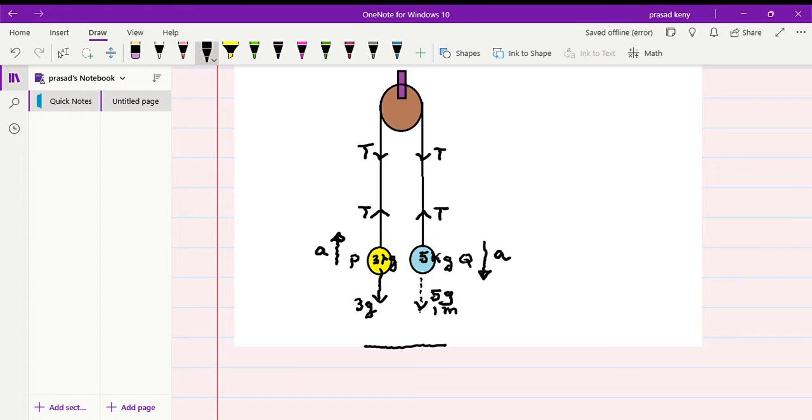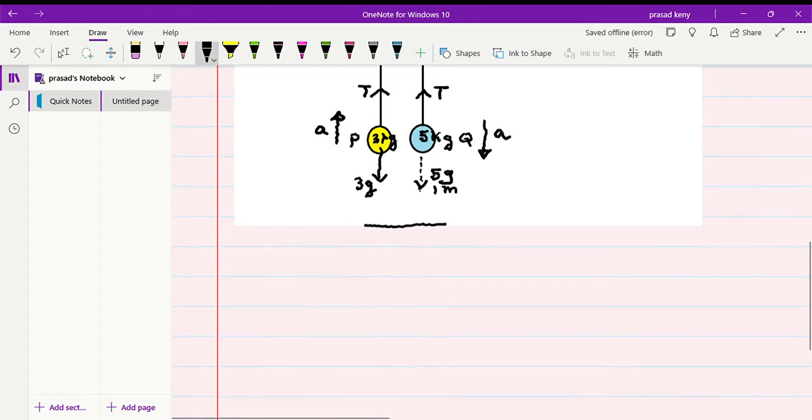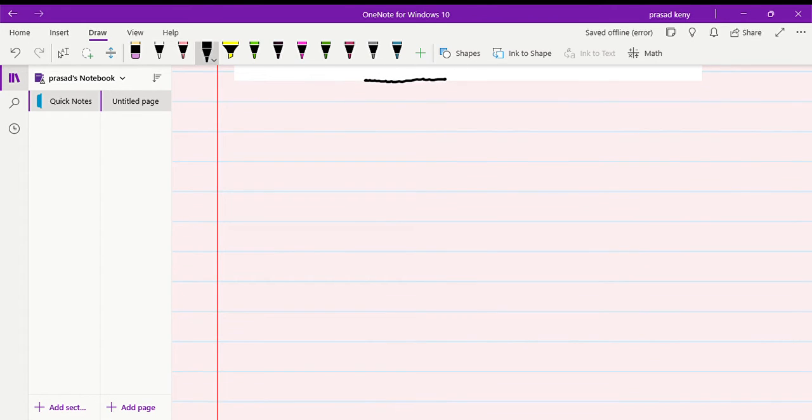Now, first let us find out the acceleration of these particles. So, for P, what will be the equation of motion? For P, since the resultant force is acting upwards, because P is accelerating upwards, T minus 3g, that is the resultant force, and that is equal to, by Newton's second law, 3a.